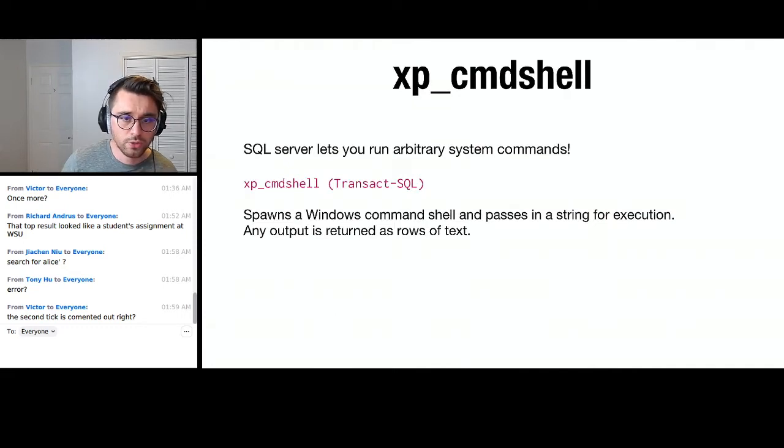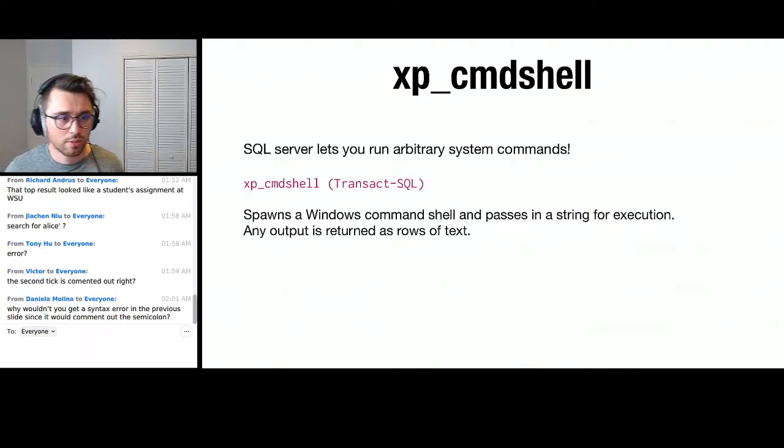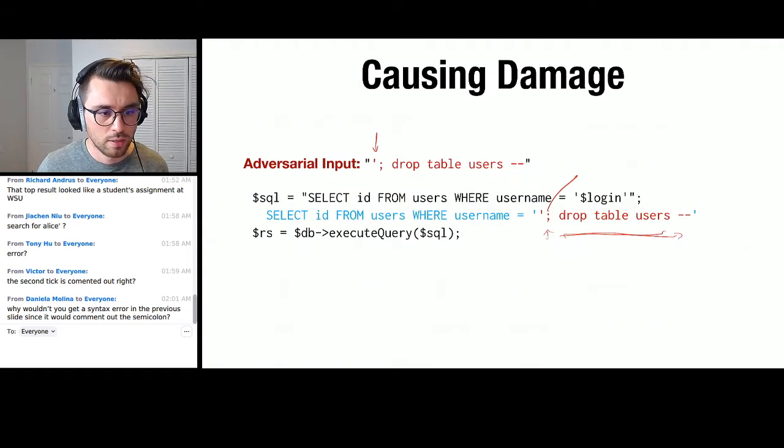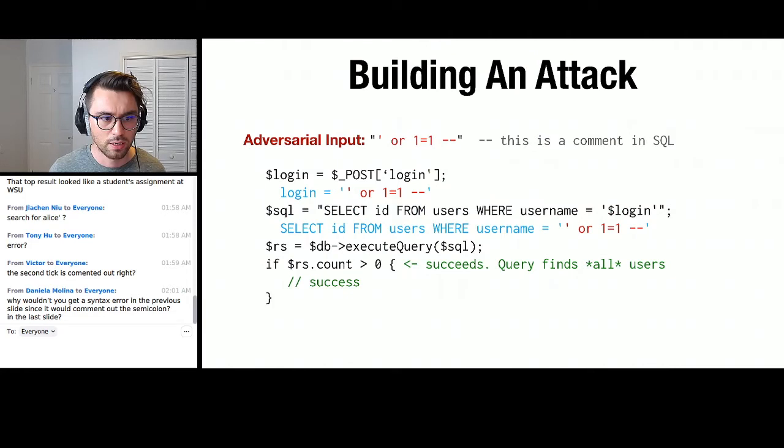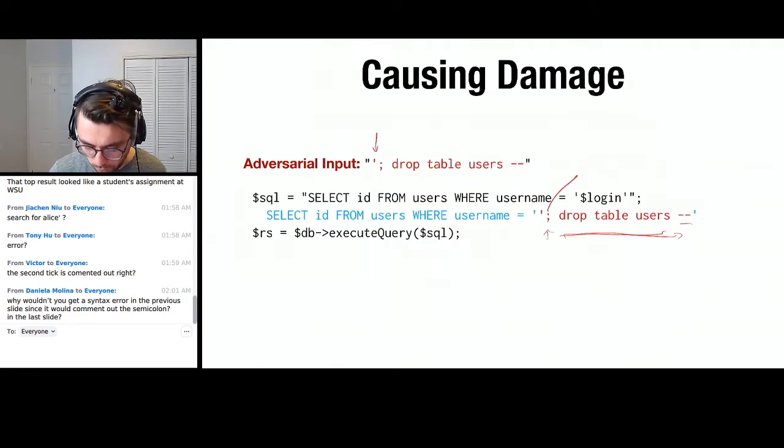The other thing is, we didn't comment out the semicolon. So the comment is past the drop table users, in the last slide. So in this slide, if we just look at this here, this whole thing is valid SQL.